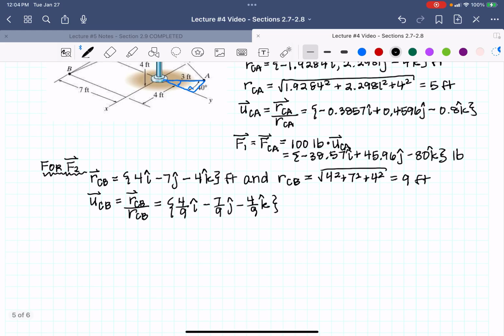So to find F2, which is also the force from C to B, we are going to take 81 pounds times the unit vector.